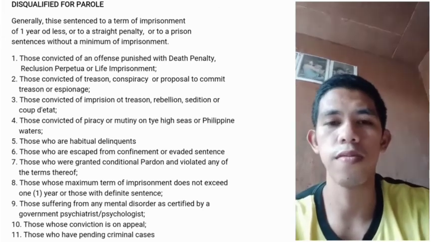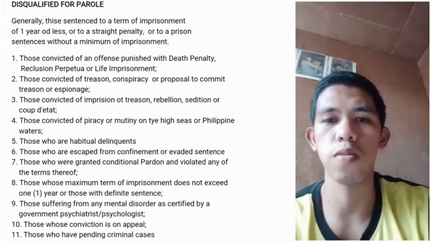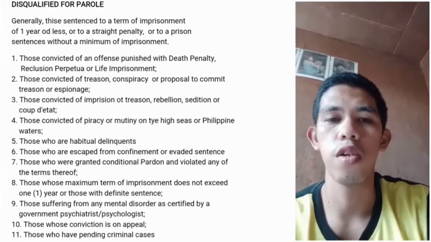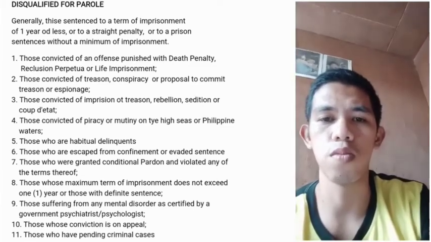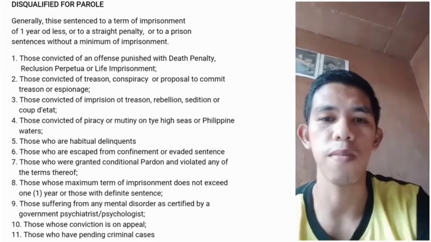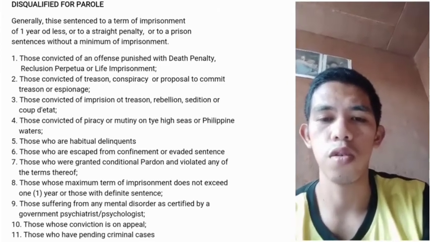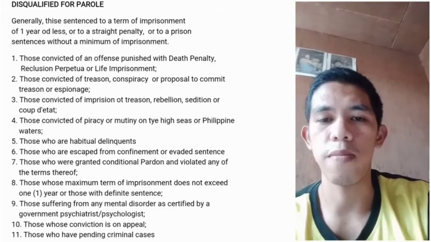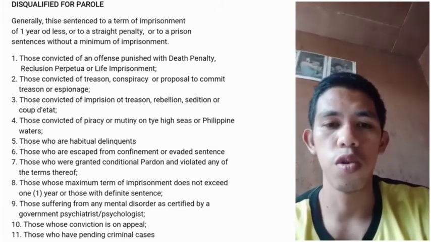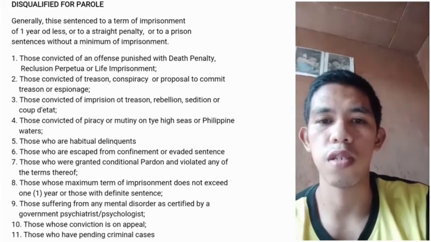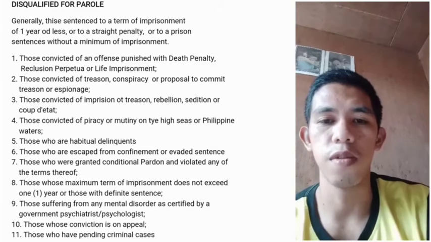Disqualification for parole. Generally, those sentenced with a term of imprisonment of 1 year or less, or straight penalty. Number 1. Those convicted of offenses punished by death penalty, reclusion perpetua, or life imprisonment. Number 2. Those convicted of treason, conspiracy, proposal to commit treason, or espionage. Number 3.